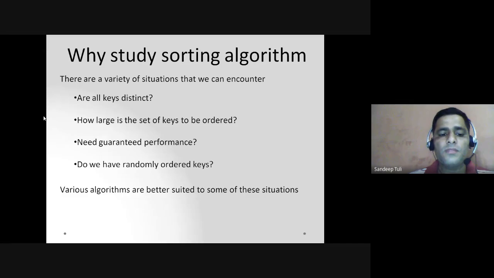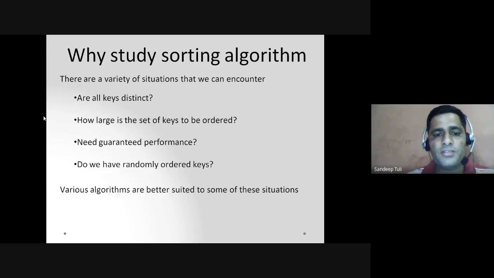Also, suppose a randomly ordered arrangement is required, then again sorting algorithms may be required. So various algorithms may be useful as per the requirements of the situations or whatever problems are given to us.